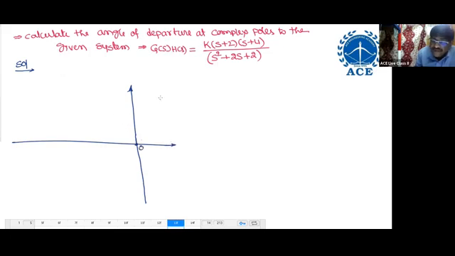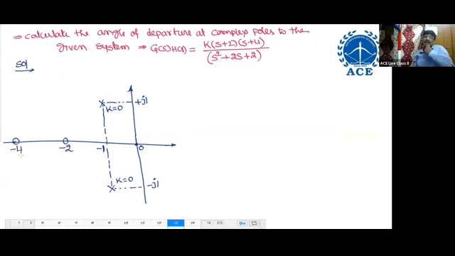So two complex poles, -1 plus or minus J1. Here K is 0. Next one zero at where? -2. Next one zero at -4.